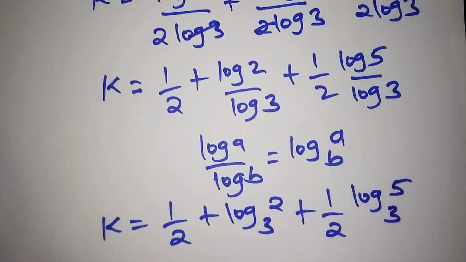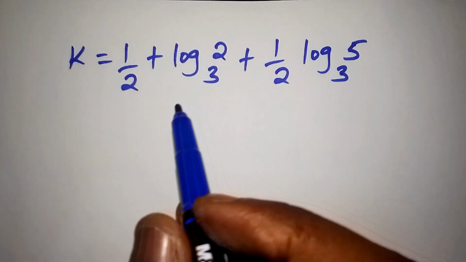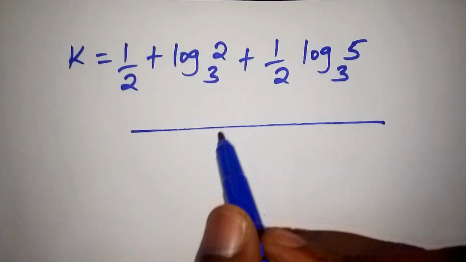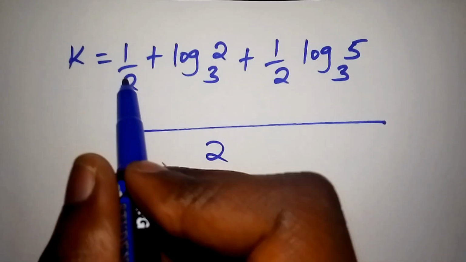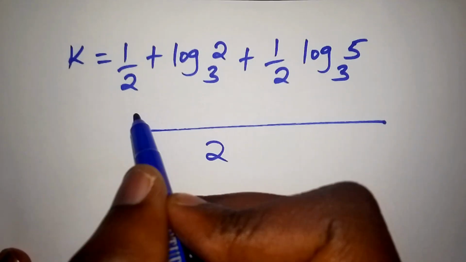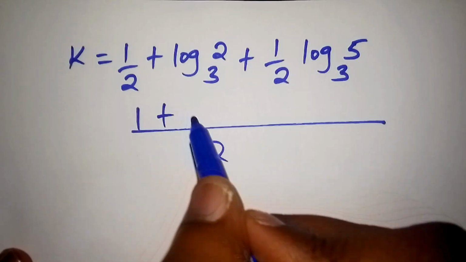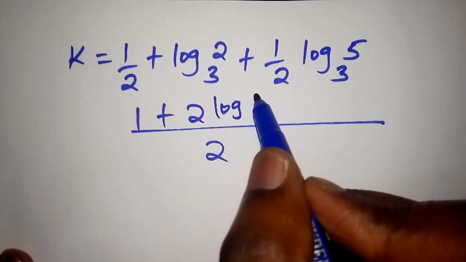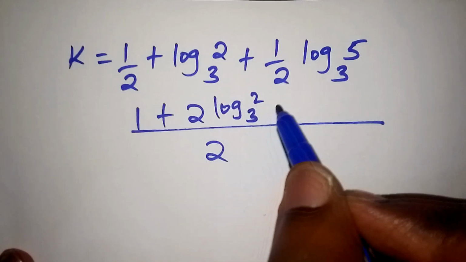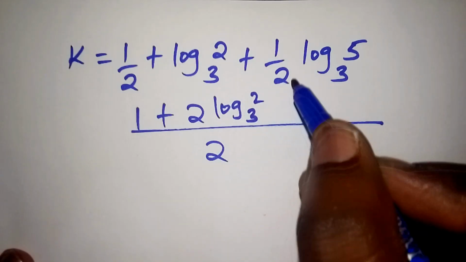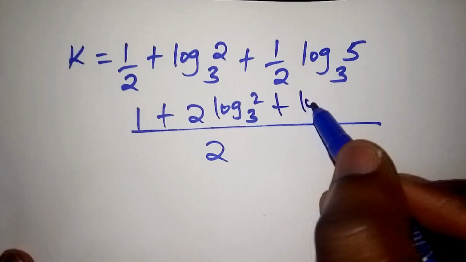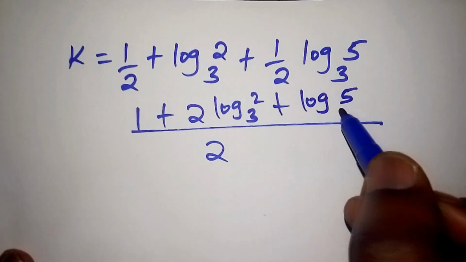Because the half is common, let's put our LCM as 2. So 2 by 2 cancel, and we have 1, plus 2 the log of 2 to the base of 3, plus the log of 5 to the base of 3.